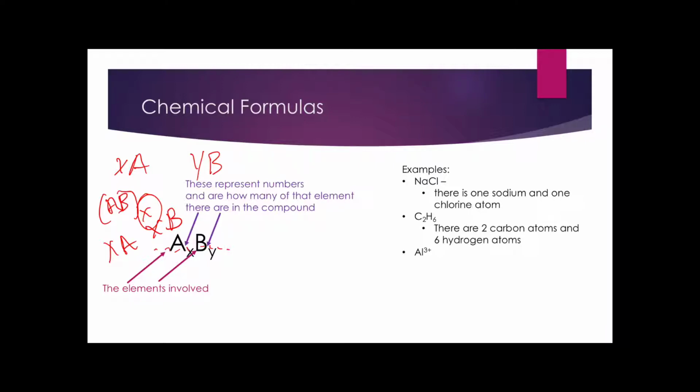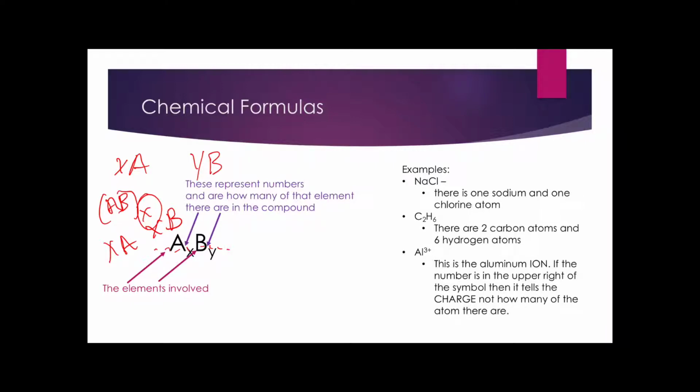Al3+. Now this is an ion. Notice how the number is in the upper corner instead of in subscript. This is superscript, not subscript. When we see it in the upper corner, that tells us the charge, not how many atoms there are. Formatting is super important in chemistry.